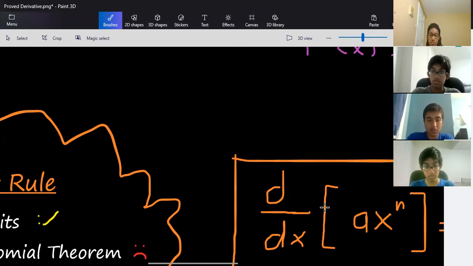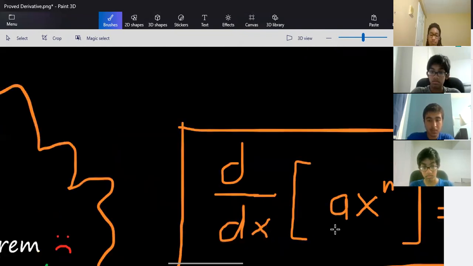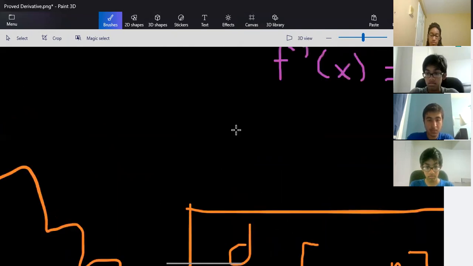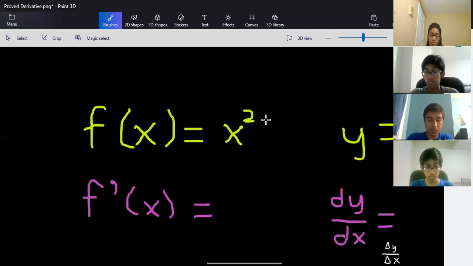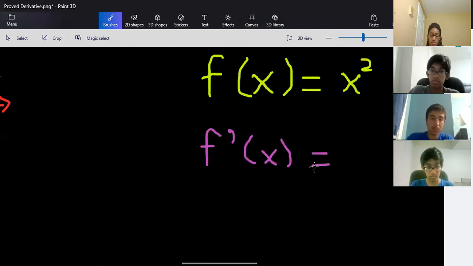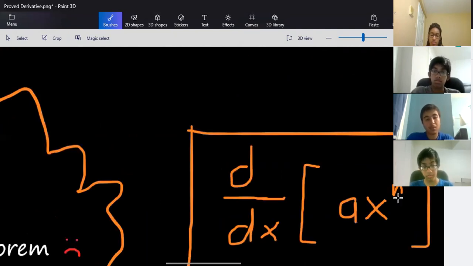Yeah. So the power rule is for any formula like x squared, any formula where you have an exponent, and it's in the form ax to the n. So like 2x to the 3.